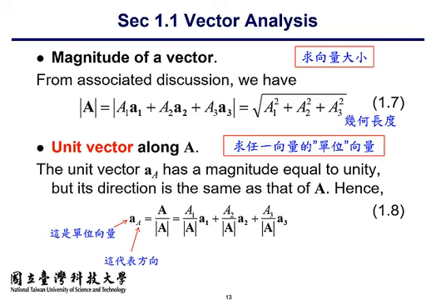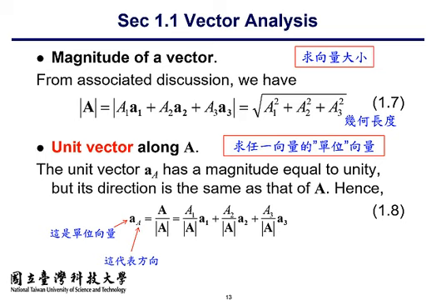So here you have the unit vector for the three reference directions, A1, A2, and A3. And the projection of A on the three reference directions, A1, A2, and A3, divided by the magnitude of A will be its projection of the unit vector along the three reference directions.